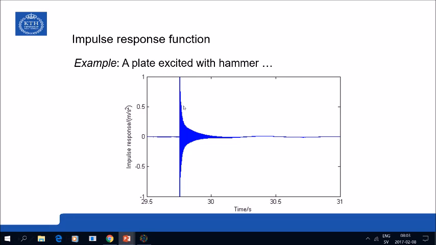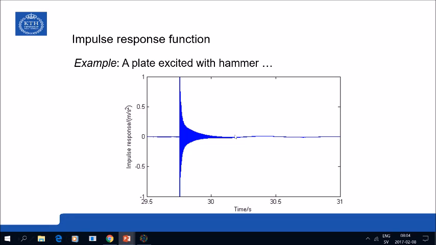In this case, we see the response of a plate excited with a hammer, and this is actually the acceleration response. So here is before the impact, so we have zero response, and then at this moment the plate is excited by a hammer blow, and then this exponentially decaying vibration or acceleration is the acceleration impulse response function.